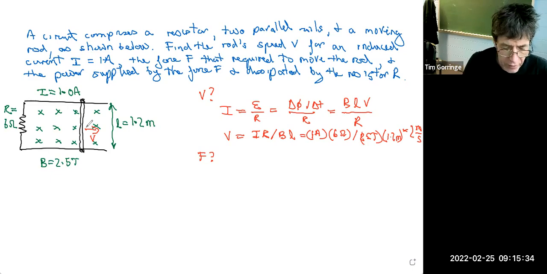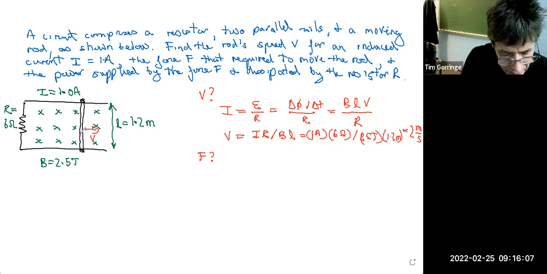There is a current flowing through this rod, the induced current, and that's a current flowing in a magnetic field, the field that the circuit's immersed in, and that will create a magnetic force. And we're going to need to apply our own force to overcome the magnetic force and keep the rod rolling at constant velocity.